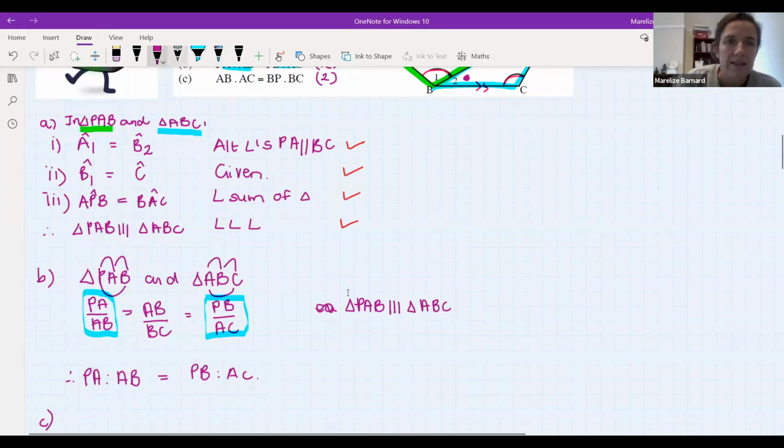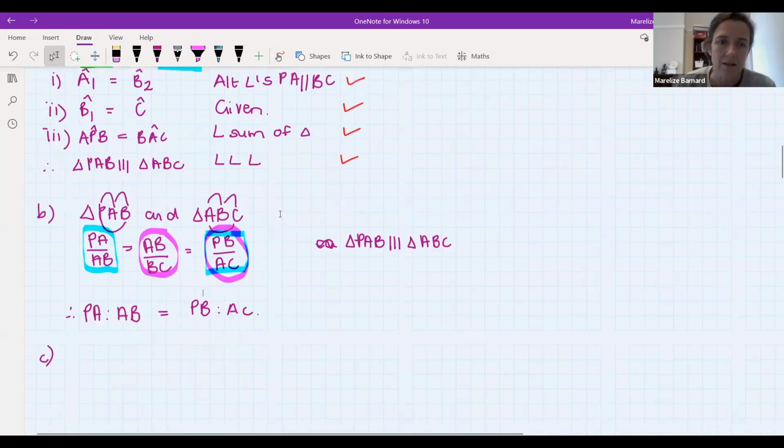And then lastly, for our last combo, we need AB to AC, and BP to BC. Do you guys see that it's this combo here? Those are the sides that I need in my answer. So we're just going to need to juggle it around again so that it looks like that at the end.